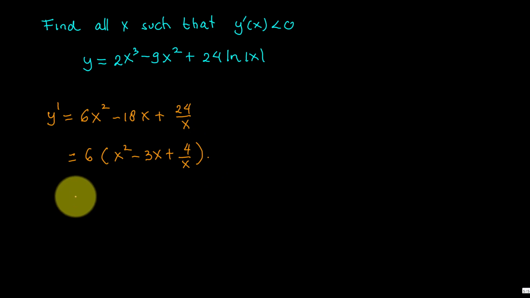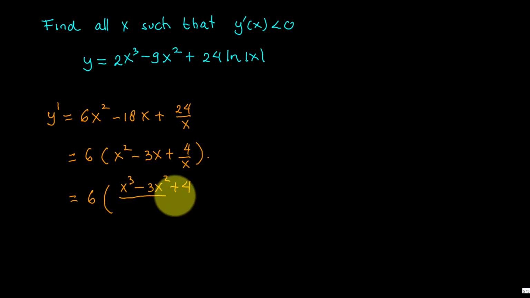Then we can rewrite this x squared minus 3x plus 4 over x by making all the denominators equal to x. So it's going to be x cubed minus 3x squared plus 4 over x.